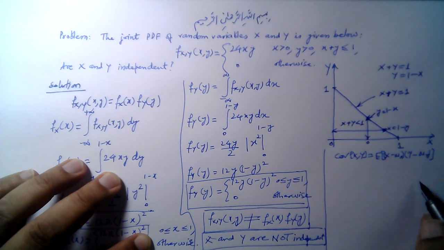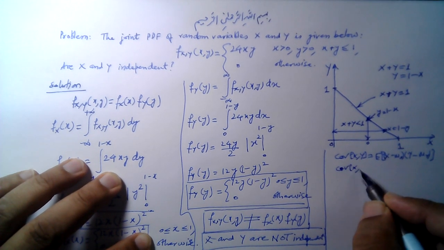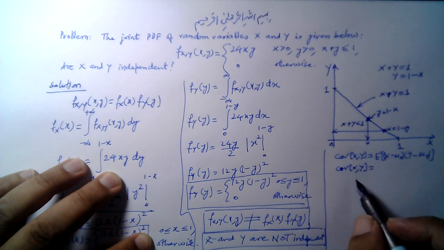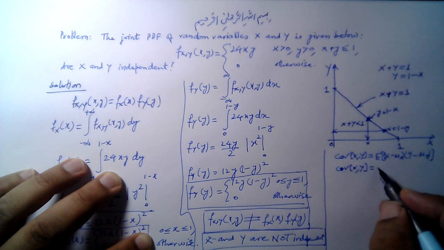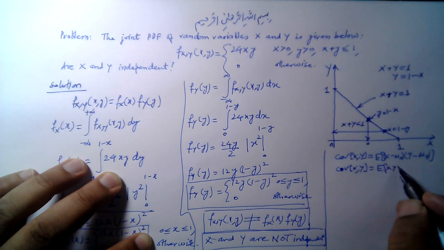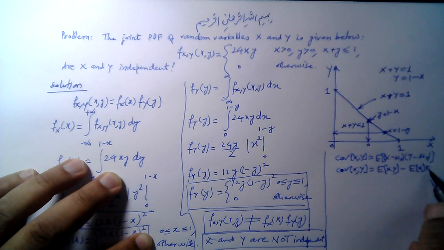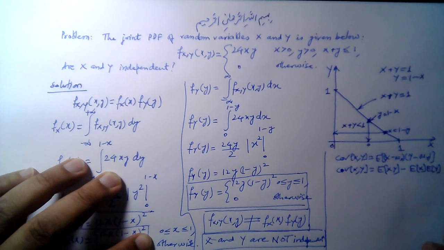So to find the covariance, we need to make certain other calculations. For example, covariance xy is also given by, actually this is equivalent to, the expected value of xy minus the product of the expected value of x and expected value of y, right? So we need to determine these three quantities to determine the covariance of random variables x and y.